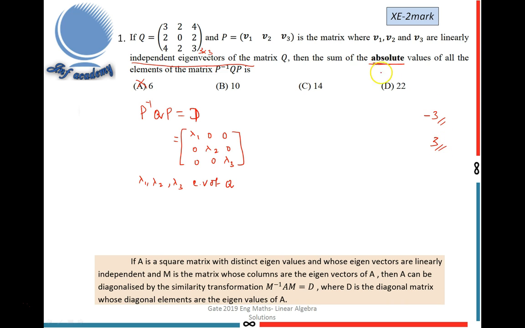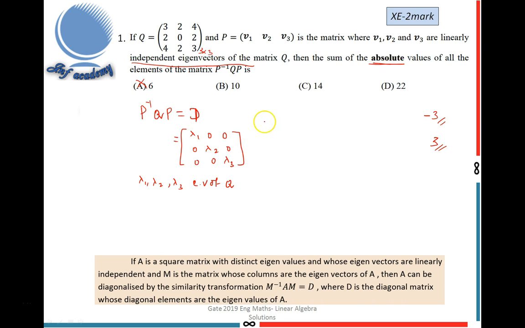So the sum of the absolute values of that matrix differs from the sum of all the elements of the matrix P inverse QP. In that case, you have to find the lambda 1, lambda 2, lambda 3 values, which are the eigenvalues of Q. So in that case, you have to find the eigenvalues of Q.